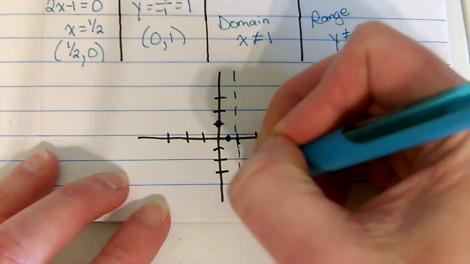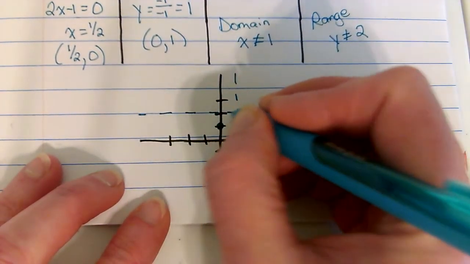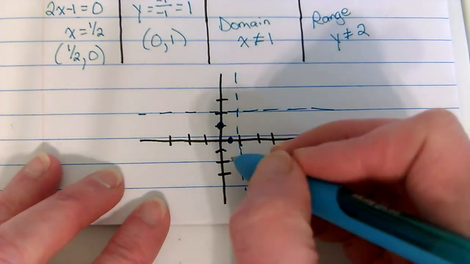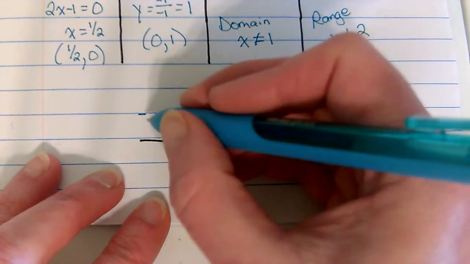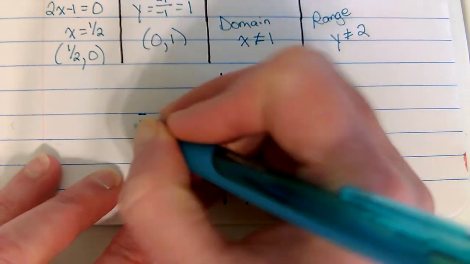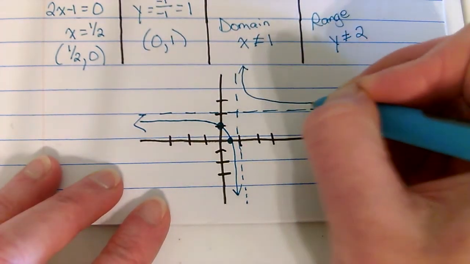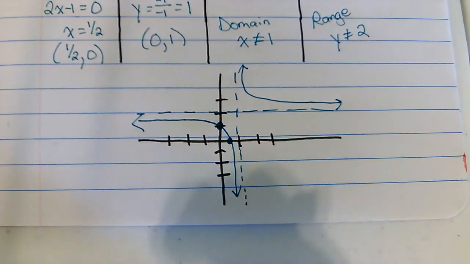That's a vertical line right there. Horizontal asymptote was at y equals 2. And so since I know I have to go through those points, I know this graph is going to go this way. And then the other side of it is going to be kind of cat-a-corner. It's going to be going that way.